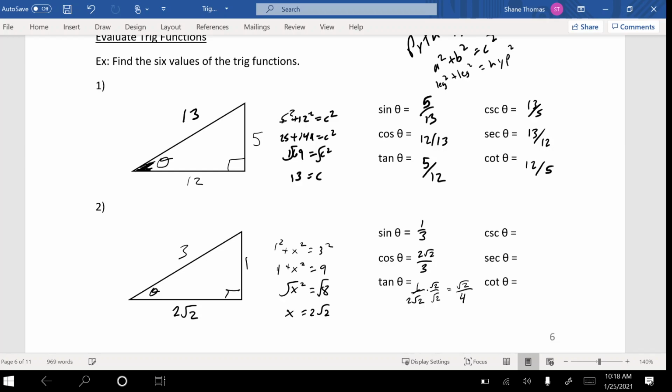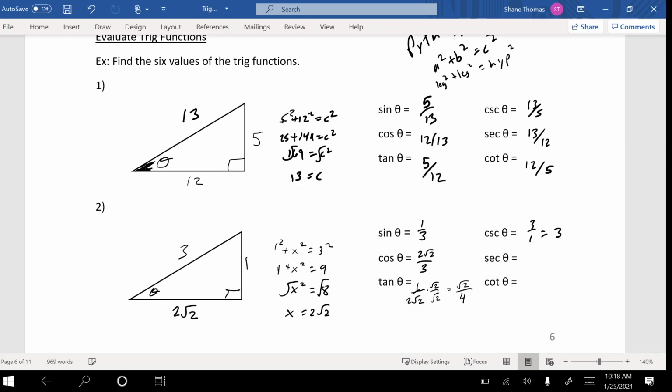Now, I still like to write it down to start with because my cotangent is going to be the opposite of this guy. All right, so if I just, in my head, I can come up with root 2 over 4, but I like to write that down because that's what you're going to use reciprocal of anyway. All right, so the next one, cosecant is going to be what then? 3 over 1 or 3. You want to simplify them if you can.